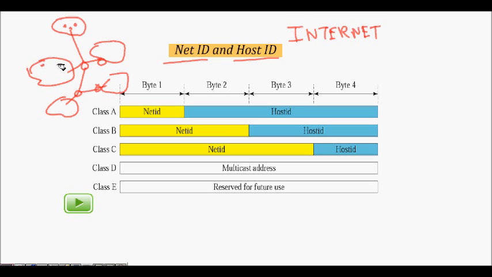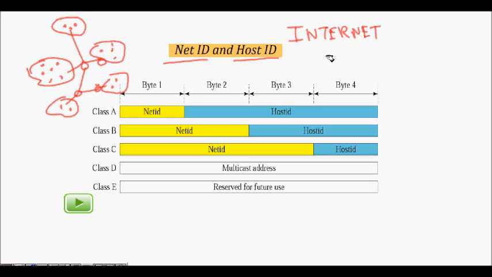But these are different networks, and inside these networks you have many different hosts, okay, and that's why your machines have what is called a network ID, in which network you reside, and then you have your host ID.